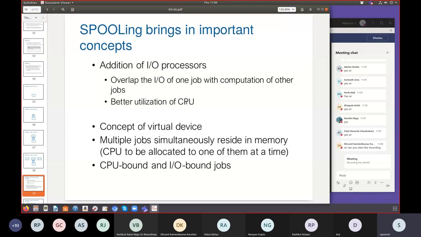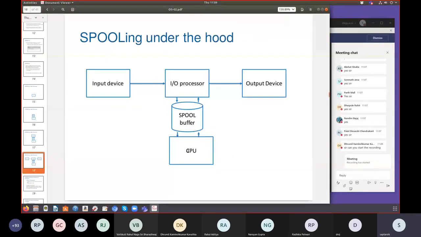Also, there are some other things to note. With spooling came this concept of virtual device. We will discuss this more in the course, but still understand that, going back to this picture, for the CPU the spool buffer is kind of a virtual device.